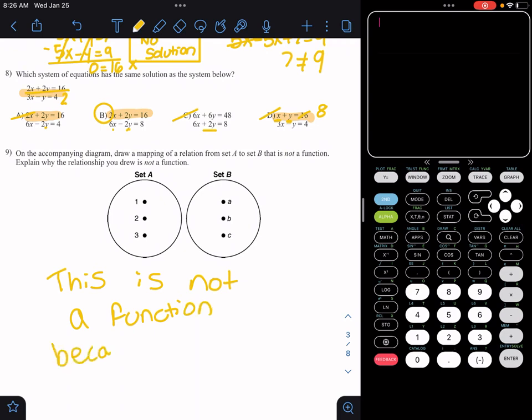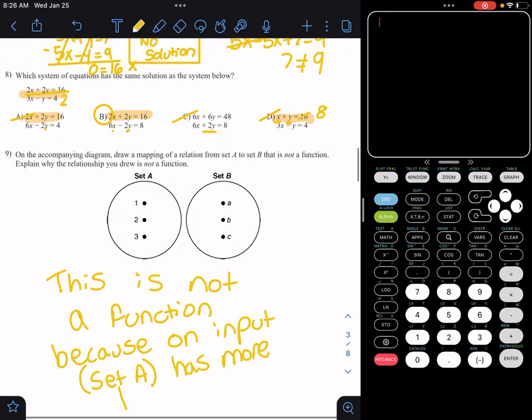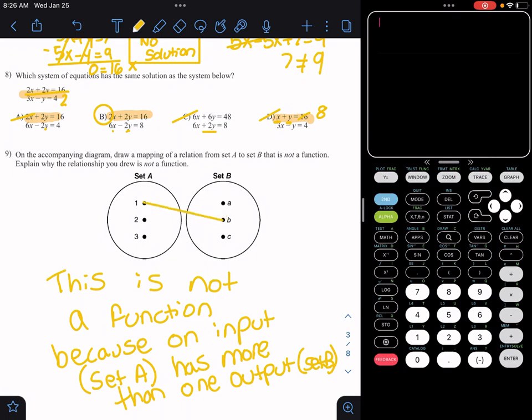Because one input, which the inputs is set A, has more than one output, which will be set B. So an example of this would be having A go to B and having A go to A. Having one go to A and one go to B.